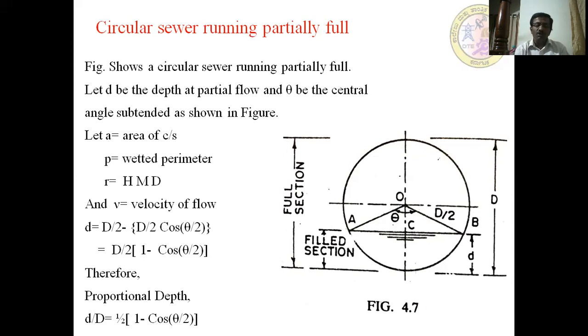Otherwise, if you know the value of theta, it is possible to find d by D, the proportionate depth value. On the basis of this figure, we are supposed to find the different hydraulic parameters.